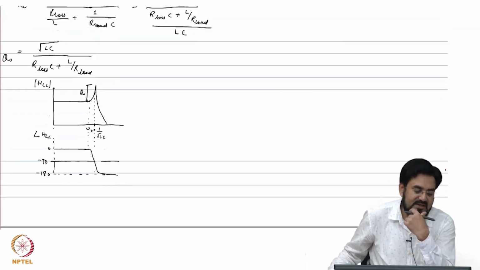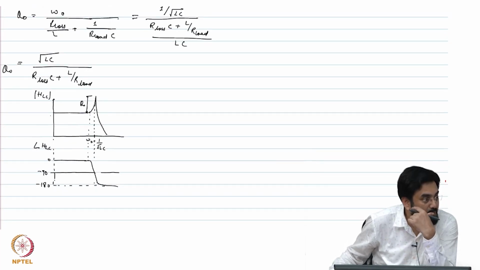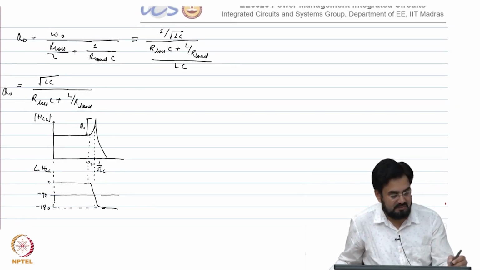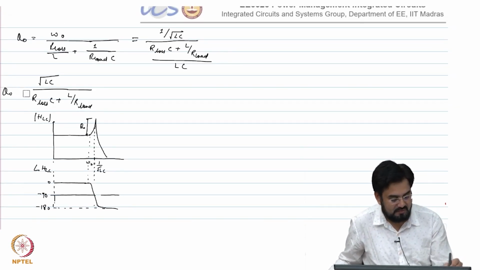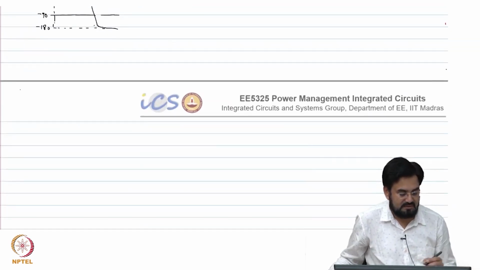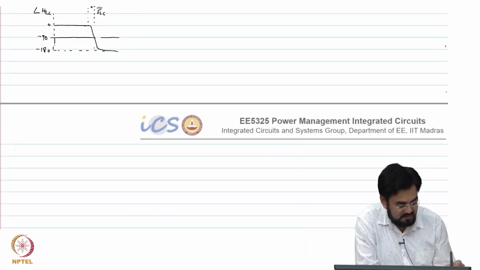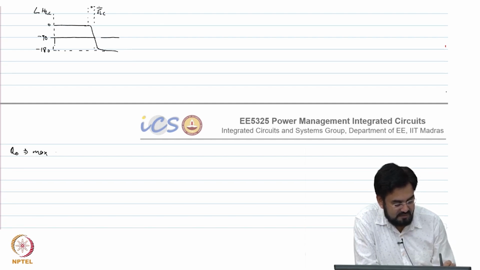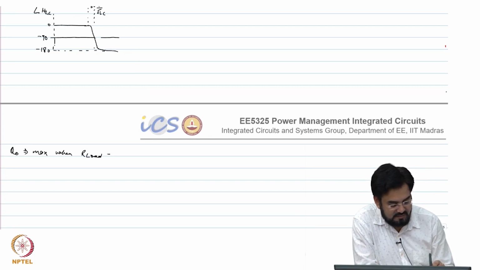So what will be the worst case condition for phase shift in terms of Q? Maximum Q or minimum Q? Maximum Q. So Q naught is max when R load is infinity, or no load.